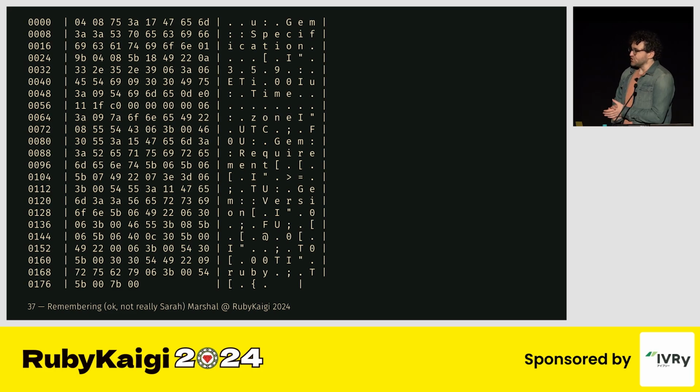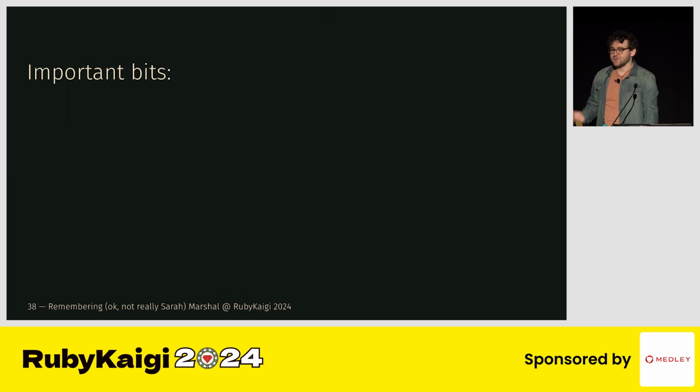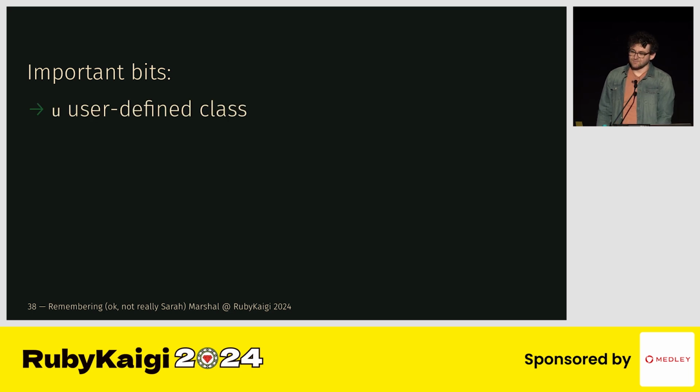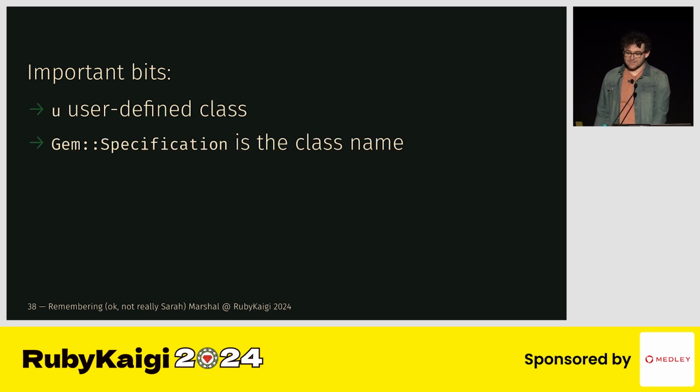Now, if you Marshal.dump a gem specification, it looks a little bit like this. This is just Gem::Specification.new being dumped. We're not going to walk through this one byte by byte. I'll spare you. But here are the important bits. There is a U, meaning we have a user-defined class.